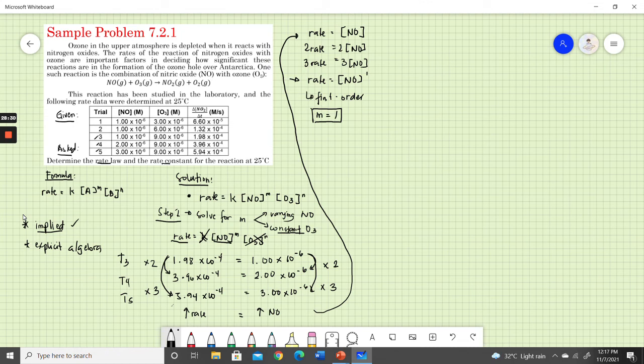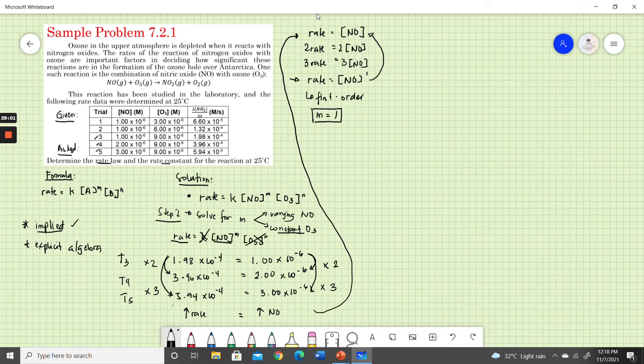So NO raised to 1 is equal to NO, which leads us back to this: rate is equal to NO. Therefore, if I double the NO, my rate also doubles. If I multiply this by 3, my rate also increases by 3. So NO is first order, therefore M is equal to 1.